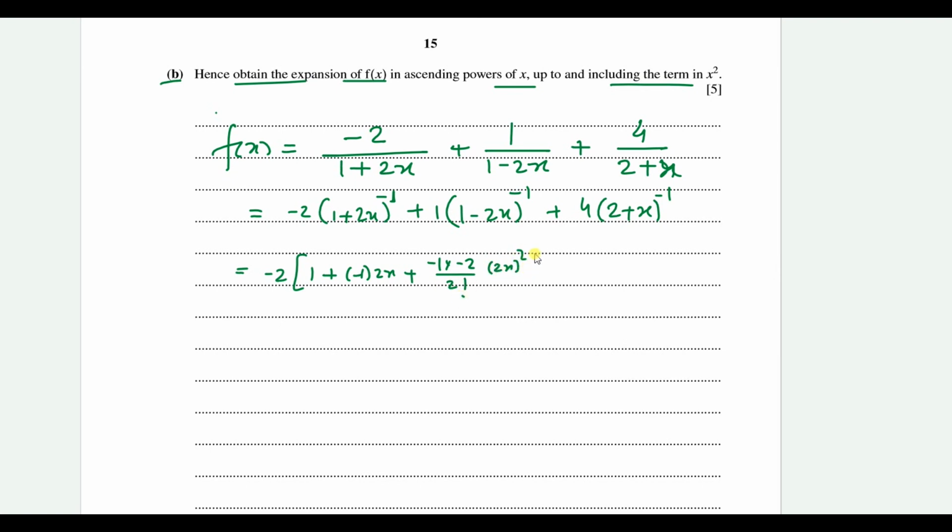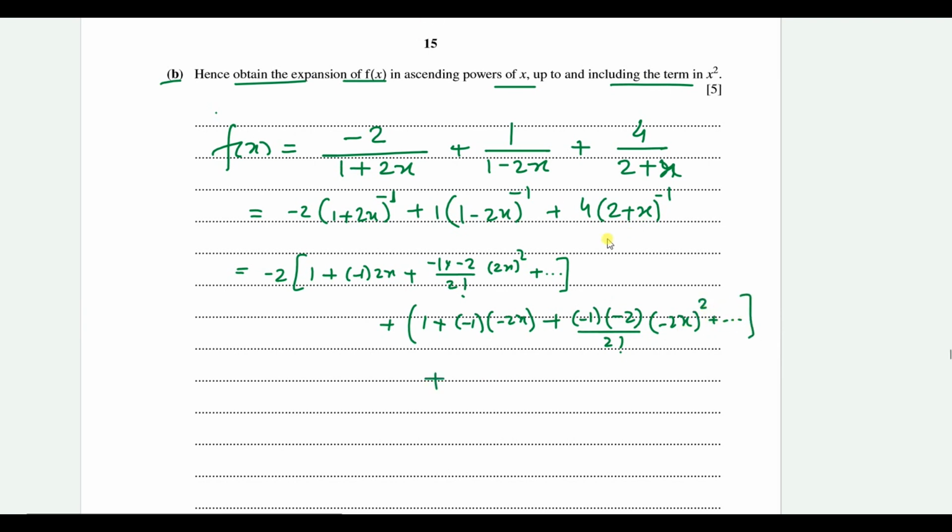Now we will not write the next term, so leave it as it is, plus (1 minus 2x) power minus 1. So my 1 plus minus 1 into minus 2x plus minus 1 into minus 1 minus 1 minus 2 over 2 factorial into (minus 2x) square, and the next term we don't require.